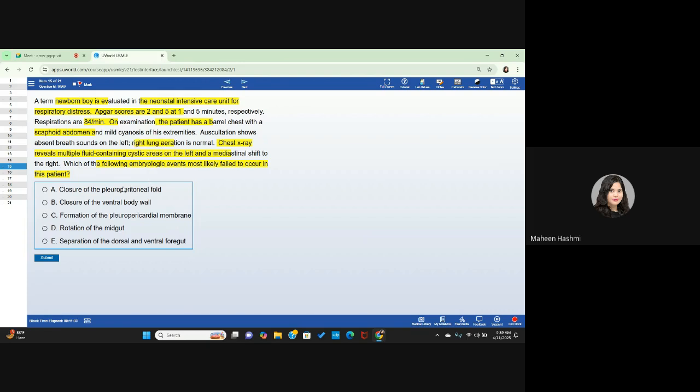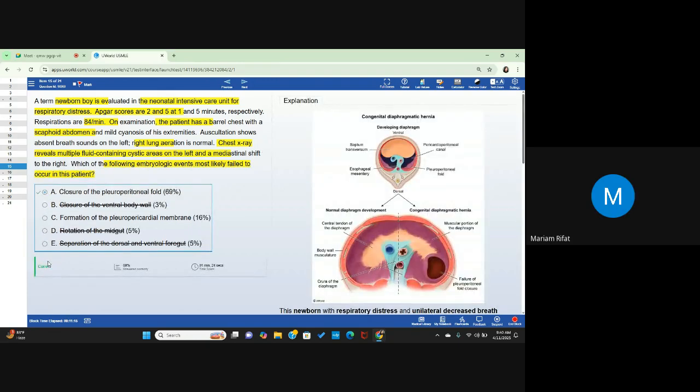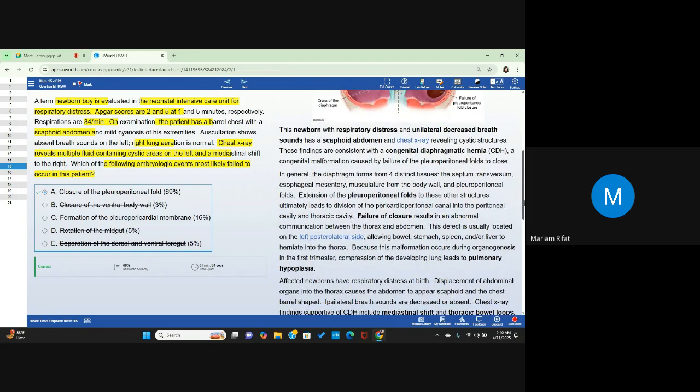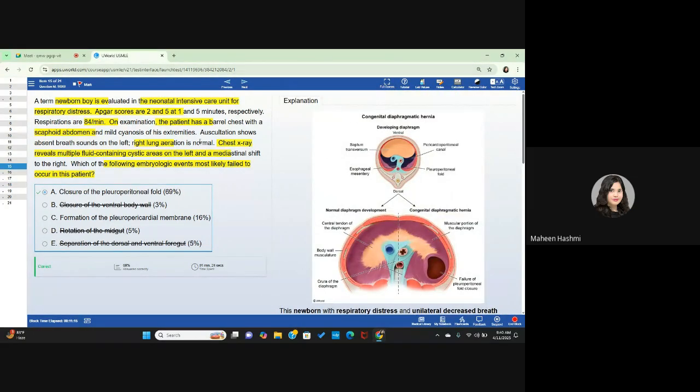All right. Why does it occur? It's the closure of the pleuroperitoneal folds, A. Right, because congenital diaphragmatic hernia is because of a pleuroperitoneal membrane defect. Exactly. Scaphoid abdomen and barrel chest are ideal findings for CDH. Absent breath sounds on the left is highly concerning.